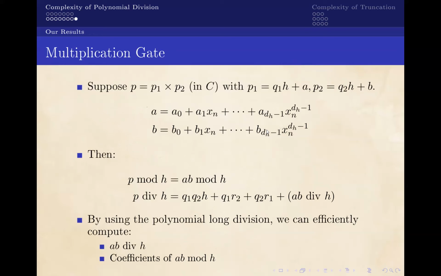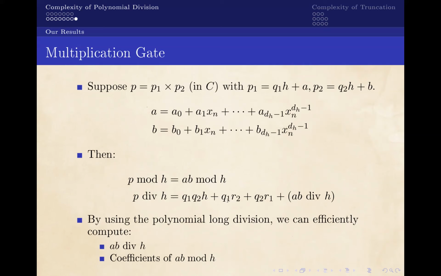So if I want to compute the remainder and the quotient for the multiplication gate, then I have the same equation here. P mod h will be AB mod h and P div h will be exactly the same, and then I have this AB div h, where A and B are the remainders for P1 and P2 respectively.